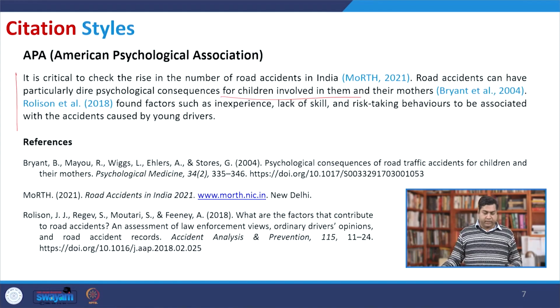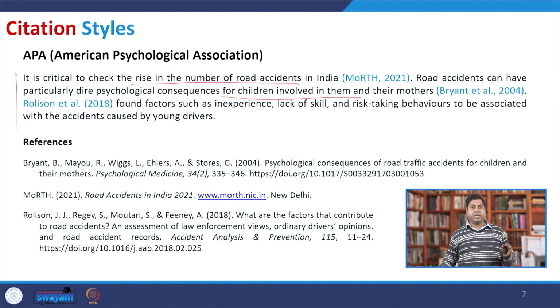The first statement is that it is critical to check the rise in the number of road accidents in India. So here the statement is the rise in the number of road accidents in India. How to prove that it is rising?